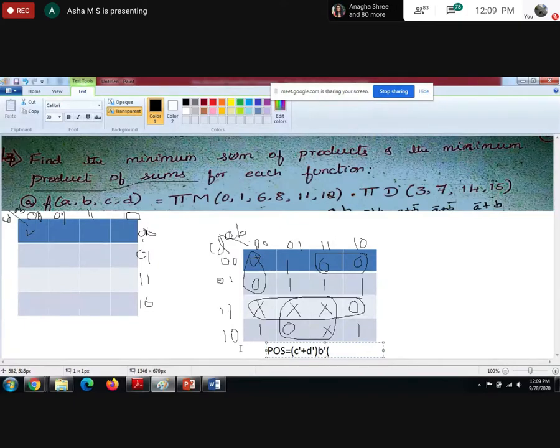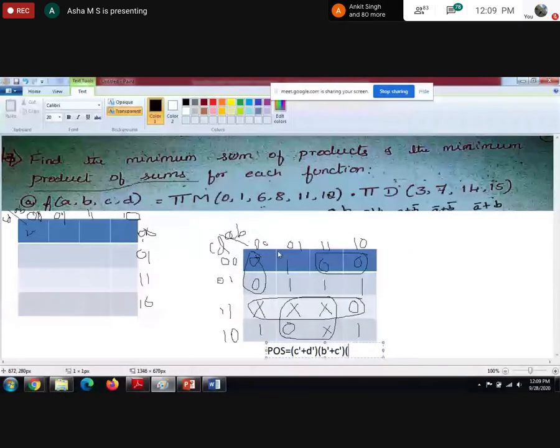Here the D term will get cancelled, so that is B bar plus C bar. Next, this pair.